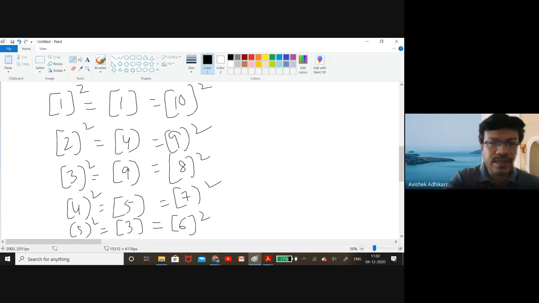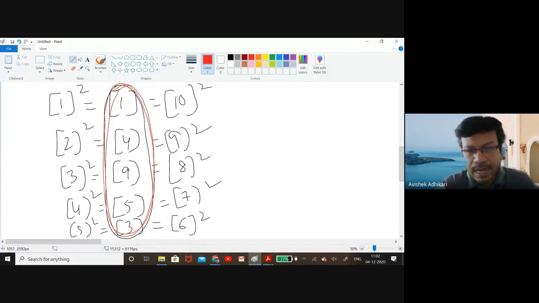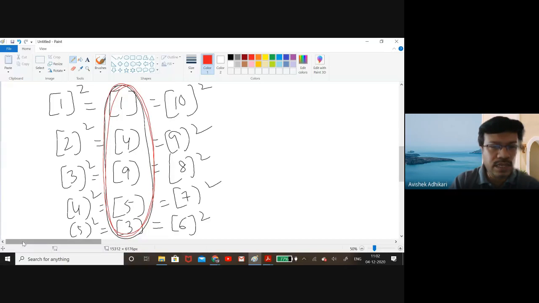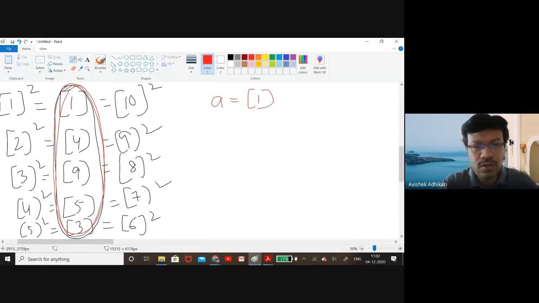So I have exhausted all the elements of Z11 star. And I found that if I consider A to be class 1, then suddenly the square root of A exists.